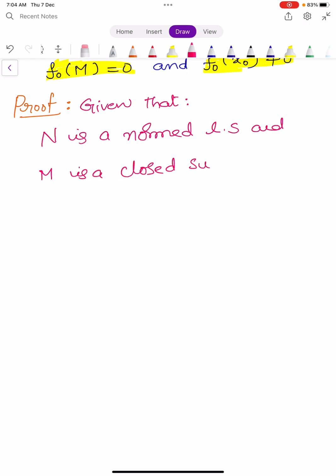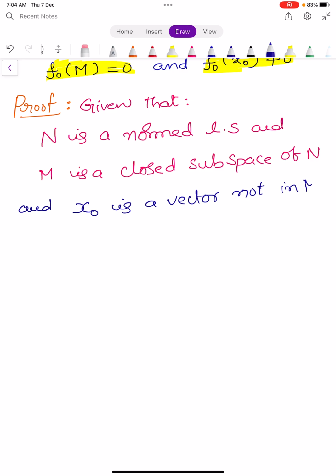Given that capital N is a normed linear space and capital M is a closed subspace of capital N, and x0 is a vector not in capital M, that is, x0 does not belong to M.